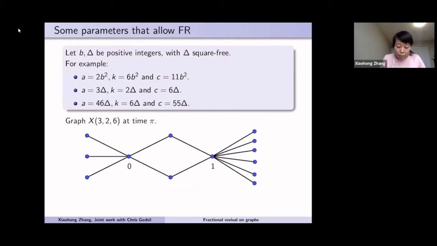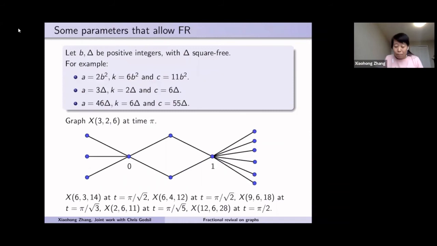It admits FR between the two vertices at time pi. There are many other possible solutions, like different times. They might not be from those families. There are just so many other solutions possible. So the graph can be very big.